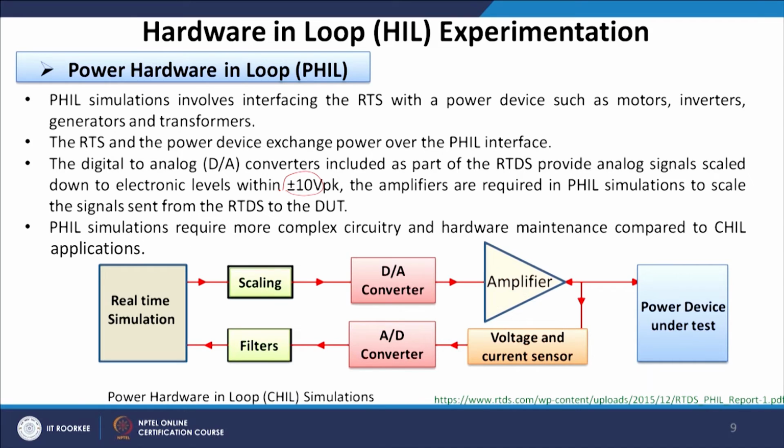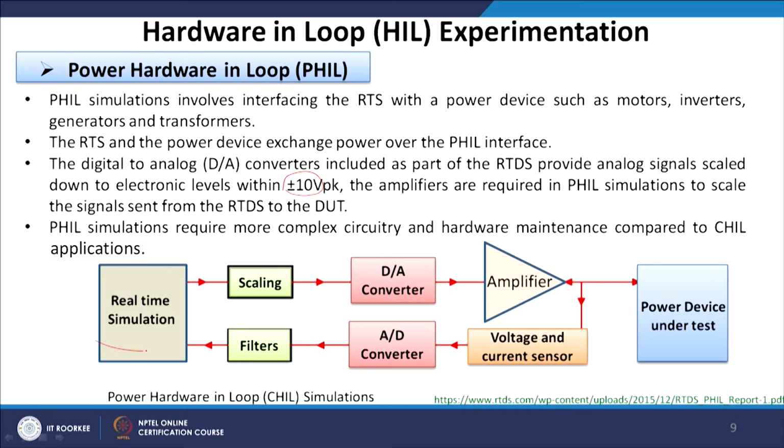Please try to understand, in case of PHIL we do need an amplifier, and that amplifier scales up the signal received from your simulator and gives the amplified signal to the device. PHIL simulation requires complex circuitry and hardware maintenance compared to control hardware in loop simulation. Now, this is the closed loop setup of your PHIL.